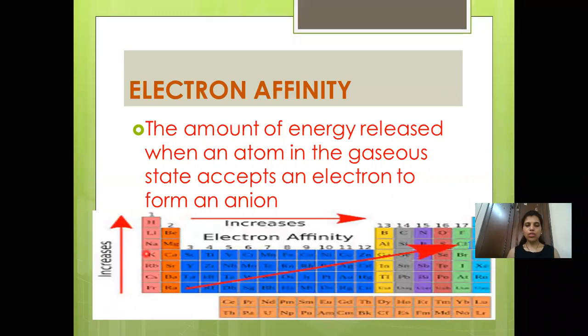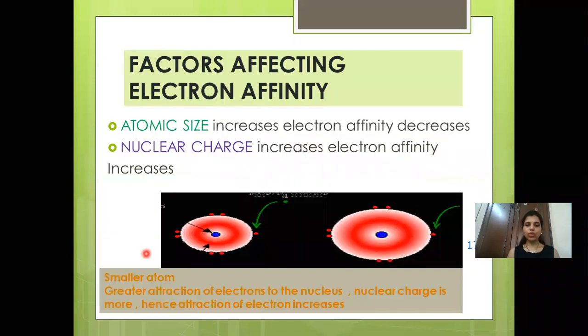As I was showing you in the diagram, the atomic size is smaller because here there are 2 orbits and here there are 3 orbits. So whose atomic number is going to be greater? This particular atom. More the atomic number, more the number of protons. So in this case, the nuclear charge will be more for this particular atom. So the more the nuclear charge, the more is the electron affinity.